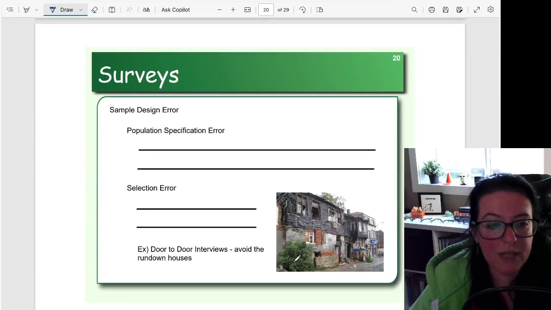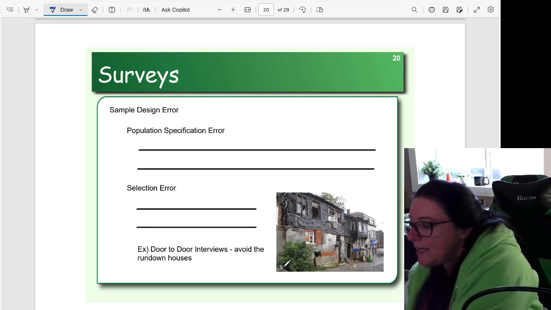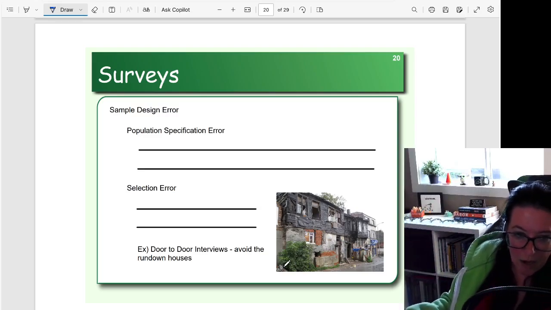The next type of sample design error is population specification error.